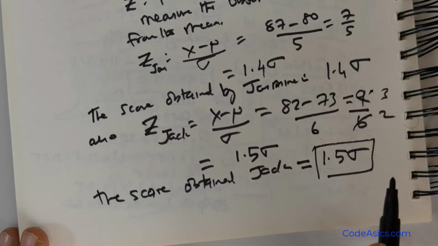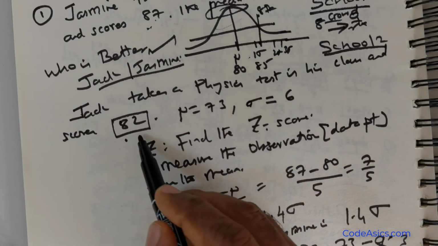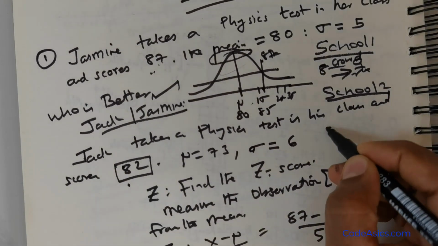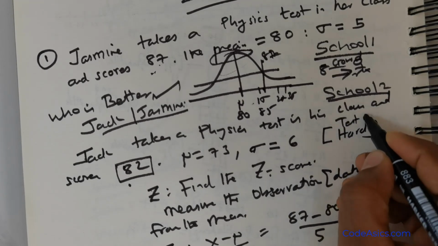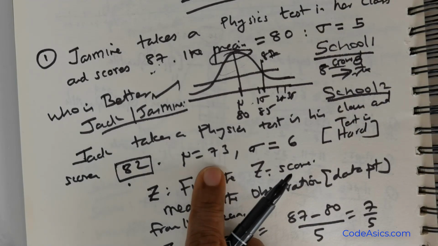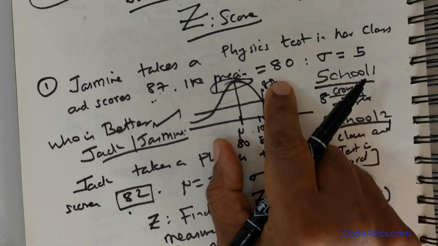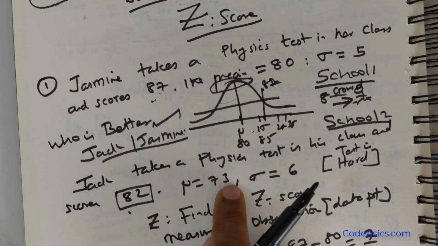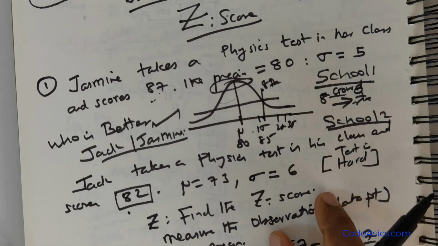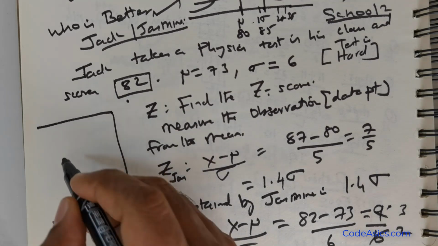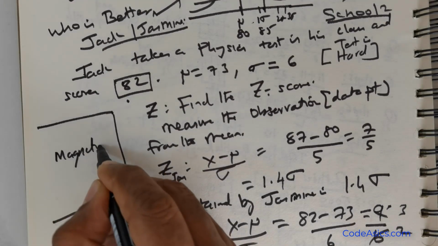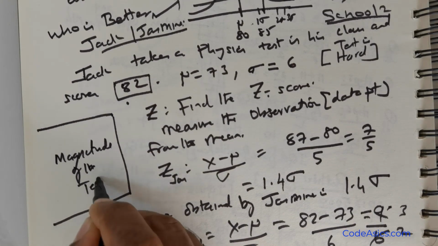So that would mean, though this person has got 82, this test is hard. That's another inference. The test is hard because the average score is only 73. So that would mean fewer people were able to really hit the target, or fewer people were able to qualify. Whenever we are comparing elements, we should also take into account the magnitude of the test administered, right?